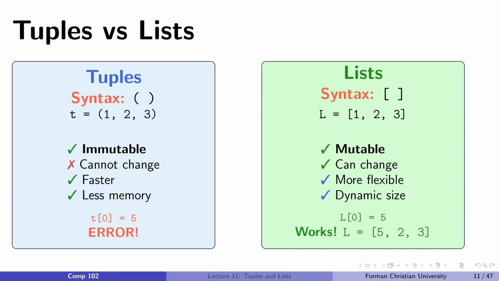But in a list, you can definitely change the first item to 5, for example, and that works perfectly fine. When you run this statement, your list is going to update the value and show 5 to 3 instead of 1 to 3. So you can choose between them based on whether you need to change the data later or not.